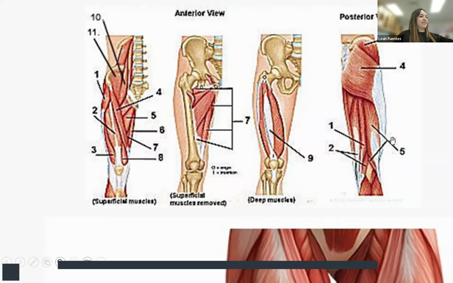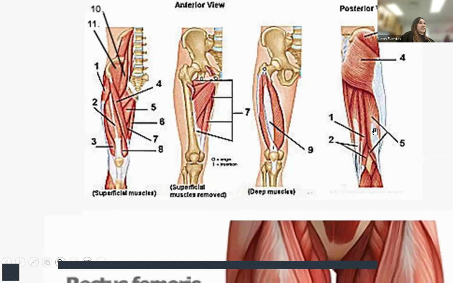Semitendinosus and semimembranosus. Yes. So there's a semimembranosus and then a semitendinosus. Yes. So I want to say this one's going to be your biceps femoris.